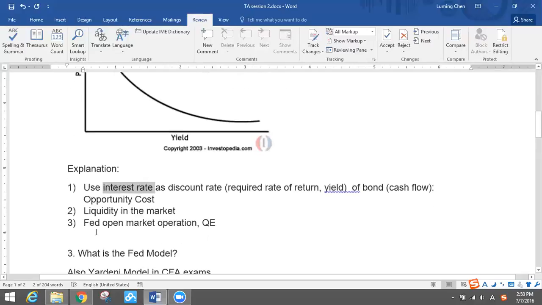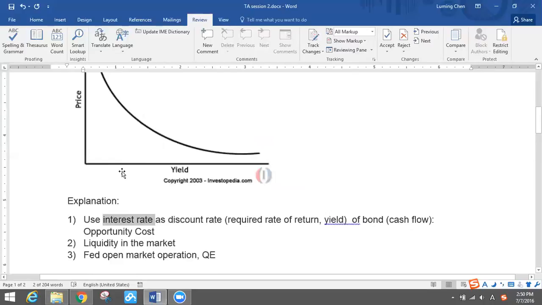Another explanation is that the Fed open market operation, which is the open market buying and selling of bonds, is the major tool the Fed uses to set the interest rate target. The quantitative easing, which Professor Ricci referred to in the last lecture, is also this kind of open market operation.